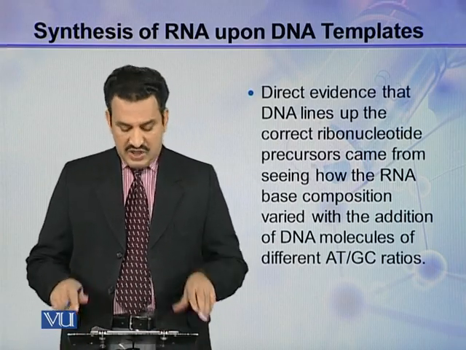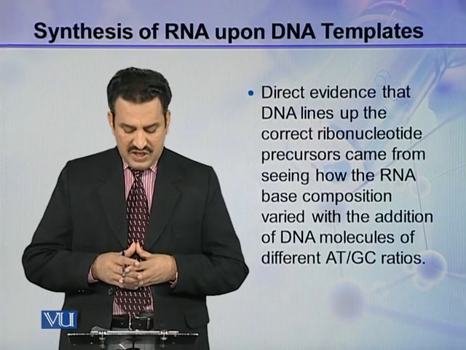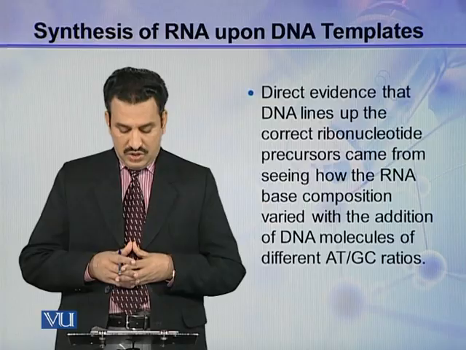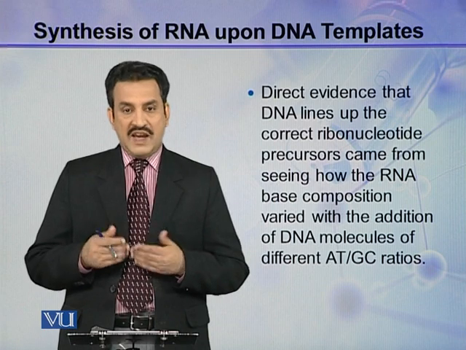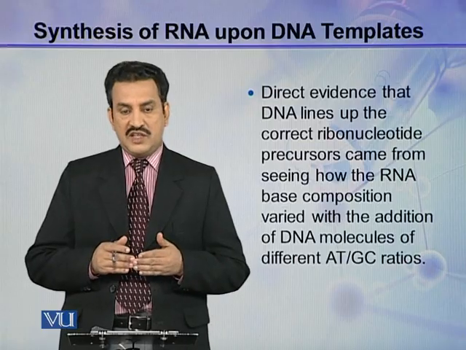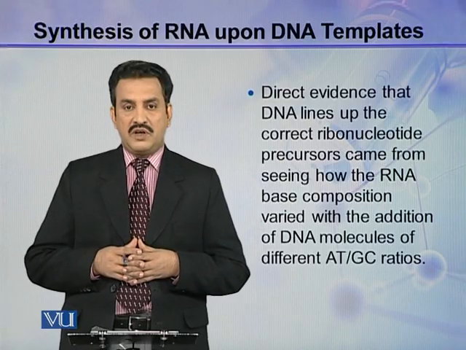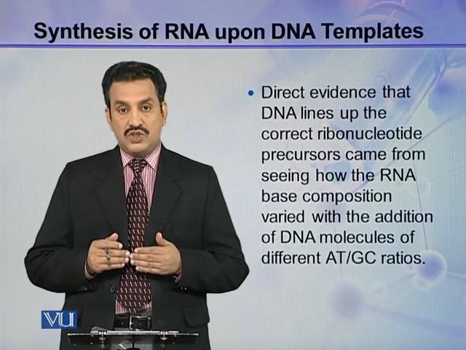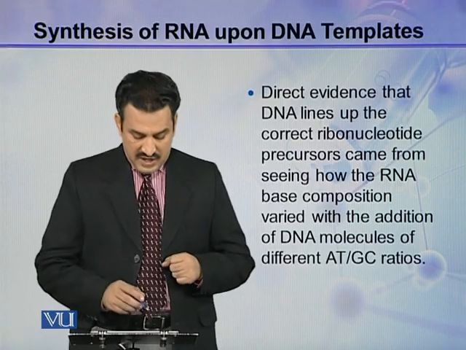Direct evidence that DNA lines up the correct ribonucleotide precursors came from seeing how the RNA base composition varied with addition of DNA molecules of different ATGC ratios. So if we add DNA which has different ATGC ratios, and then we allow the DNA to synthesize mRNA, and if we analyze the mRNA, we would find that this ATGC ratio of DNA will correspond to the AUGC ratio of RNA.